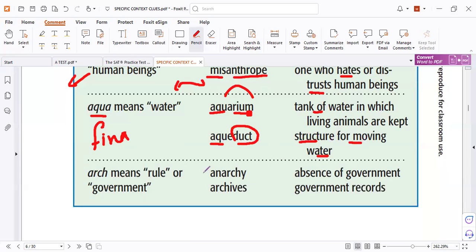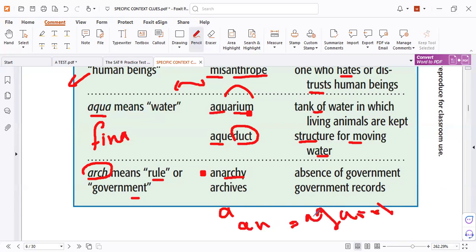Look at the most common in politics: anarchy. You know this part, arch, means rule or power or government, as in controlling. This is called power. And the a or an means against.